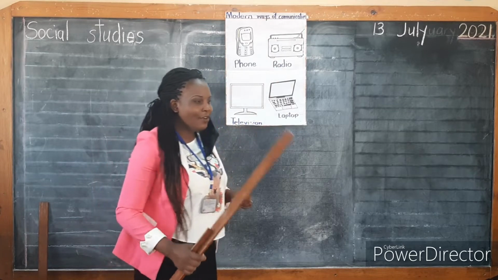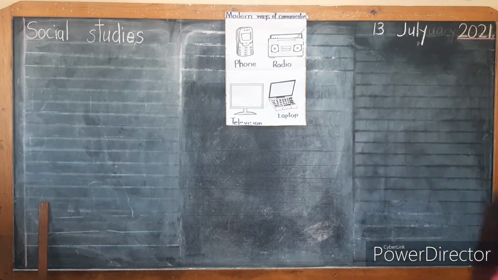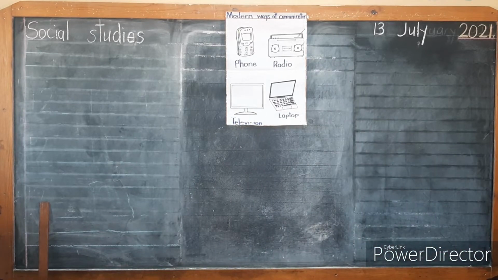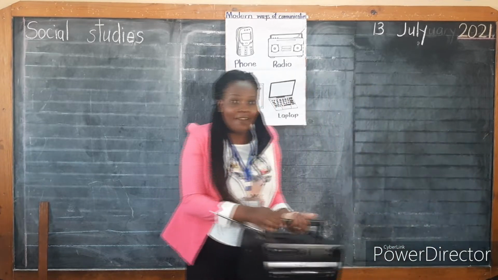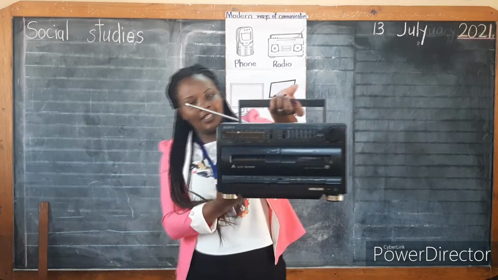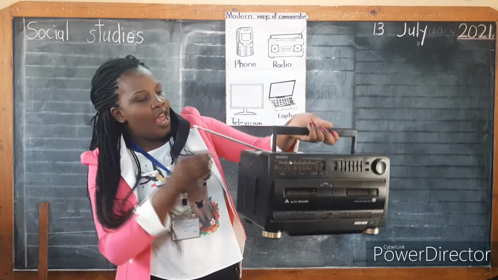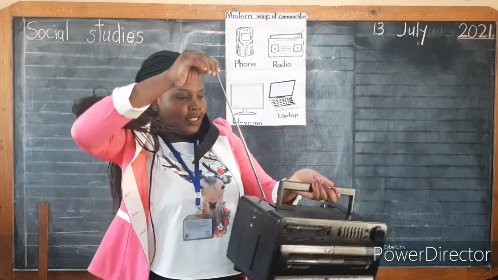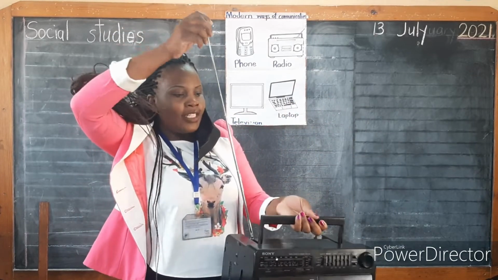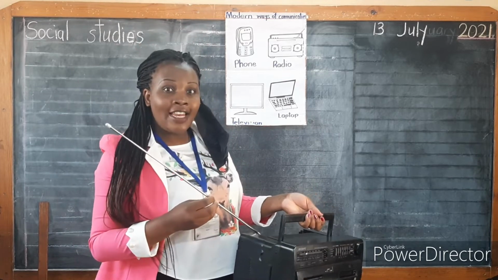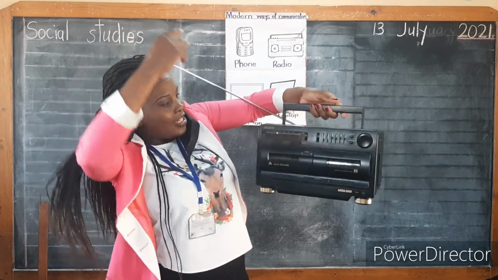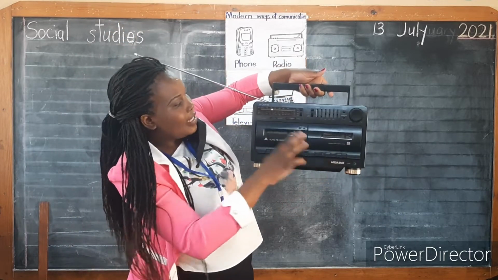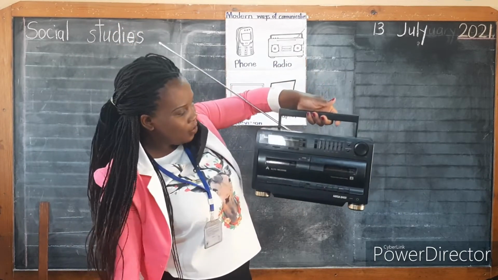I want to show you here. Okay, so ta-da! I have this with me. Can you see it? This is a radio. Look at it. Doesn't it look the same like the one teacher has drawn? Yes, it does. And this radio also has different patterns, and they work in different ways.